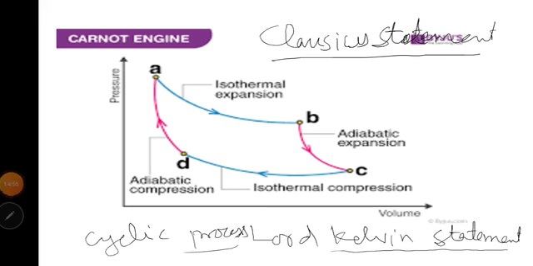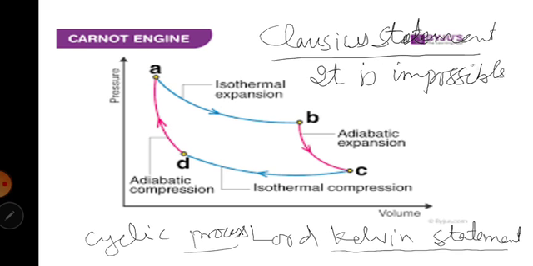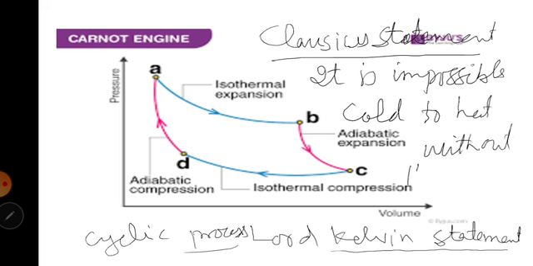According to the Clausius statement, it is impossible to make heat flow from a cool body to a hot body without the expenditure of energy. It means that heat can be made to flow from a cool body to a hot body if you provide energy to the system.